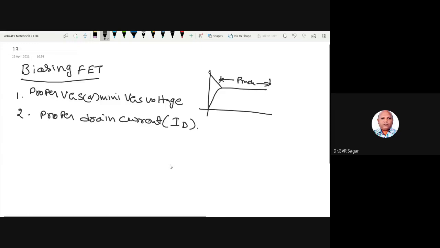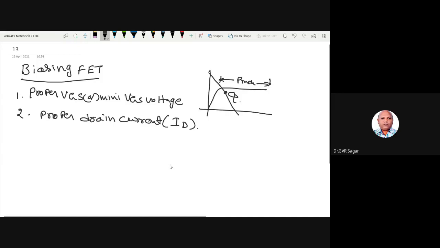When you draw a load line, the point should be at the center of the pinch-off region. To maintain this Q point there, we use a proper VGS voltage and a proper drain current ID.